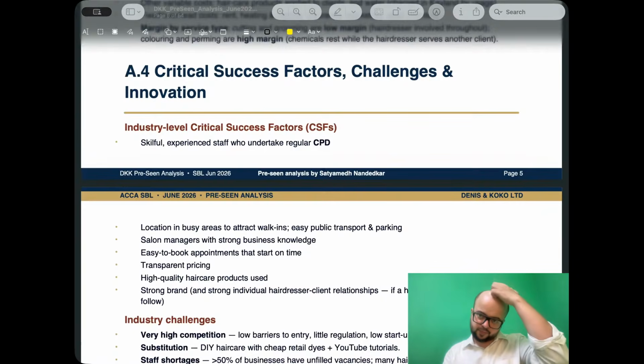In your own words. Let me know in the chat section. You have to answer in short. What is a critical success factor? Mr. Shah, can you tell us?